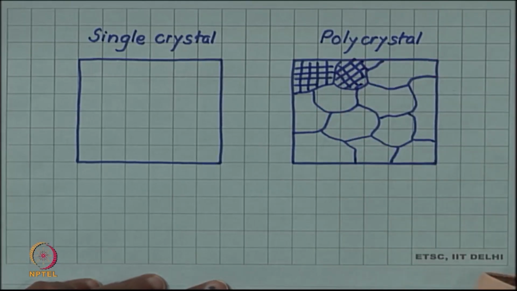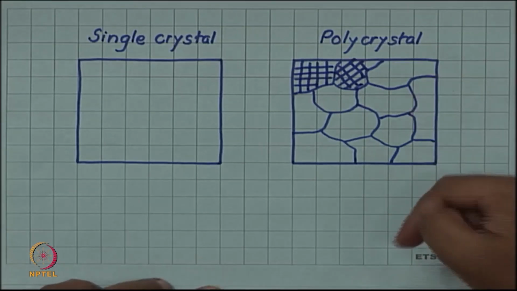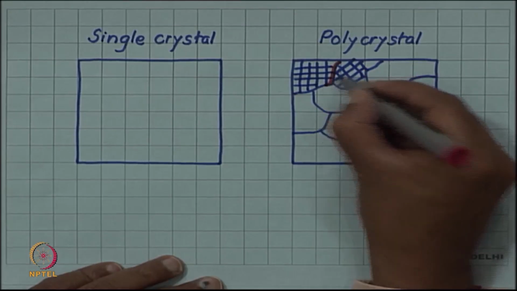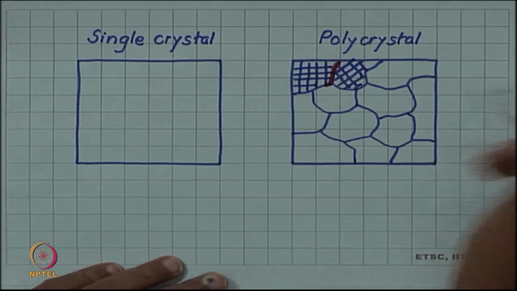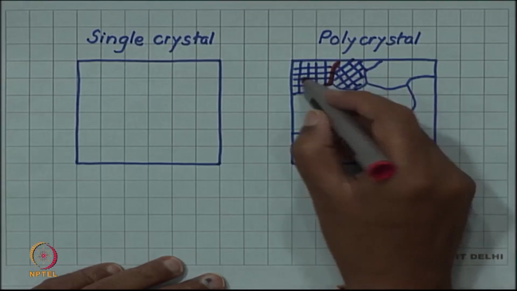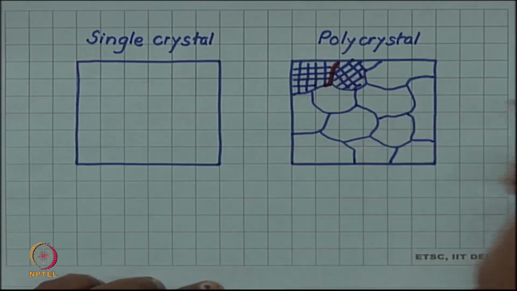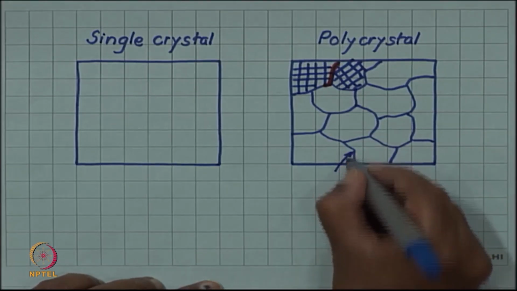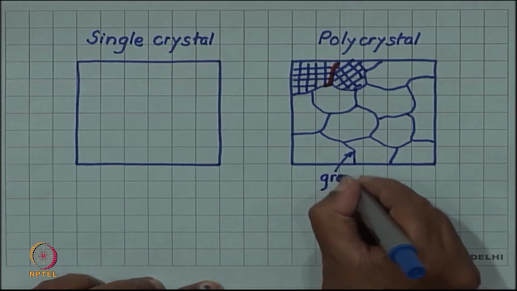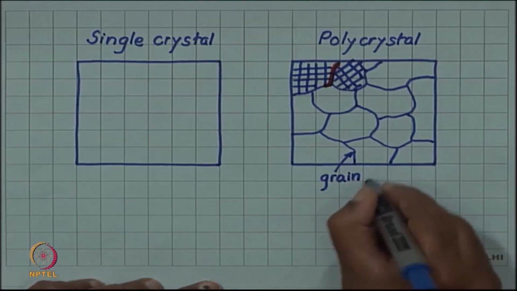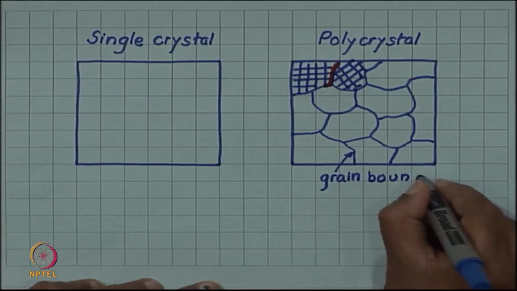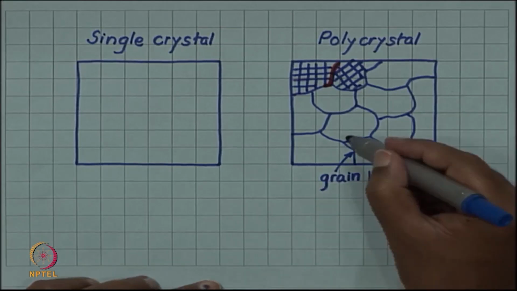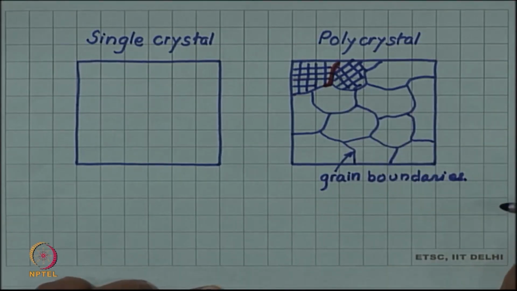This change in orientation creates what is called a grain boundary, because there is a disturbed region between two grains. Here I have indicated the grain boundaries by these lines, and the regions are different grains.